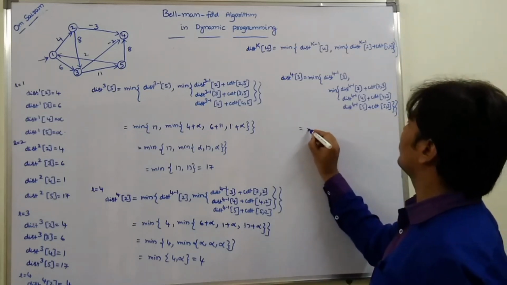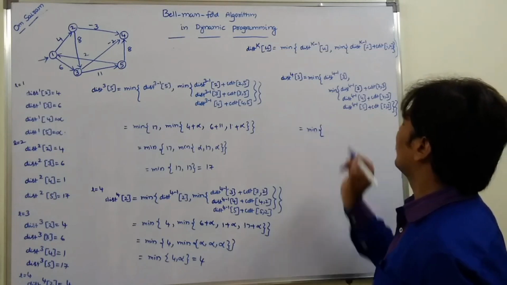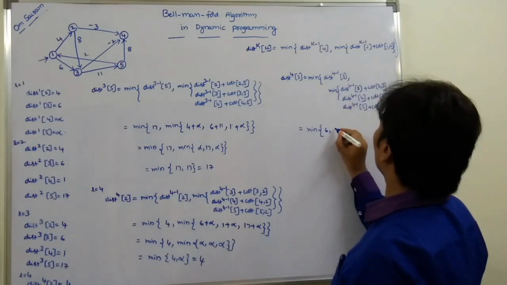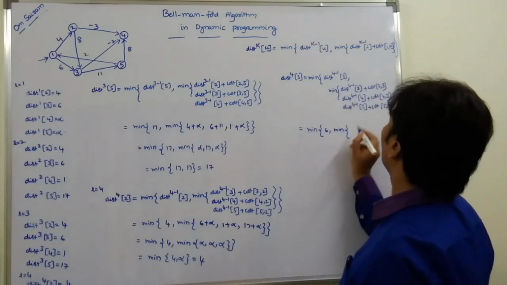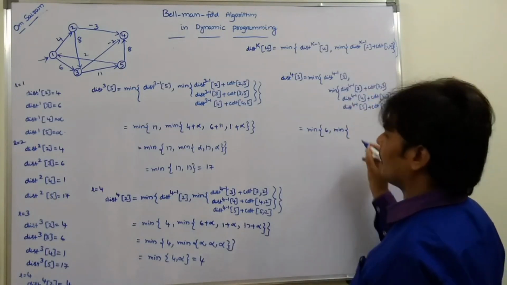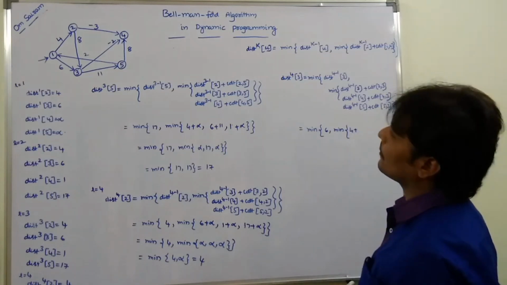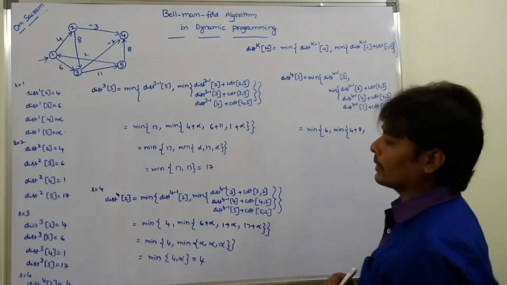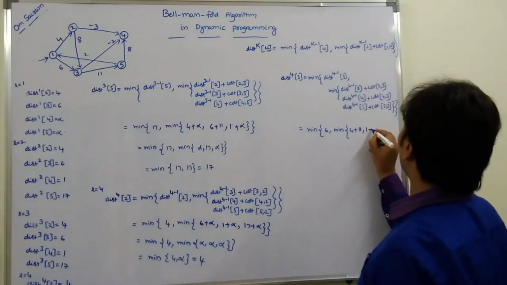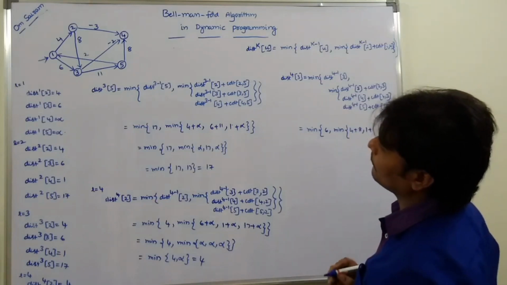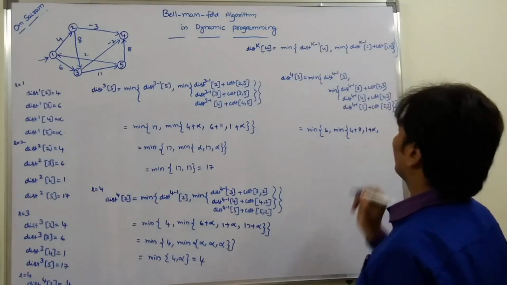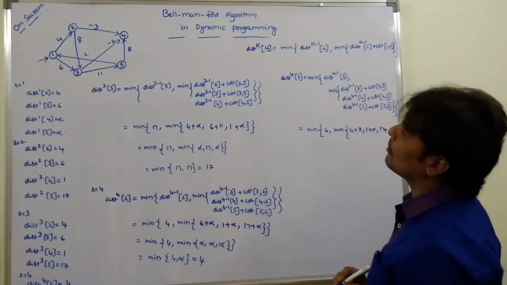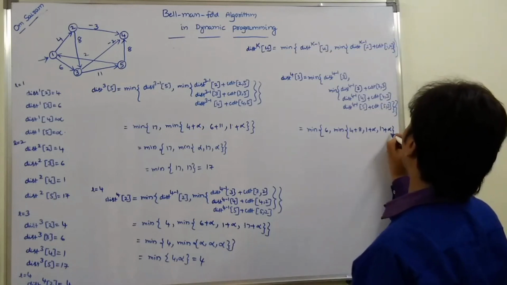So that is equal to minimum of DIST 3 of 3, DIST 3 of 3 is 6 comma minimum of DIST 3 of 2, 3 of 2 is 4 plus cost of 2 comma 3, that is 8. DIST 3 of 4, 3 of 4 is 1 plus cost of 4 comma 3. 4 comma 3 is infinity. DIST 3 of 5, that is 17 plus cost of 5 comma 3, that is infinity.